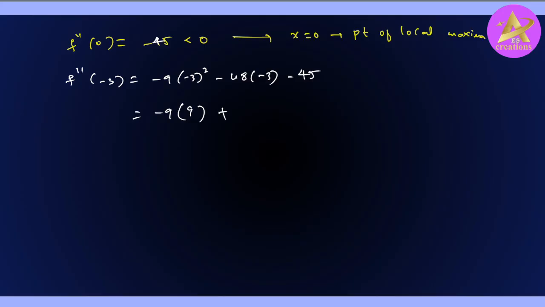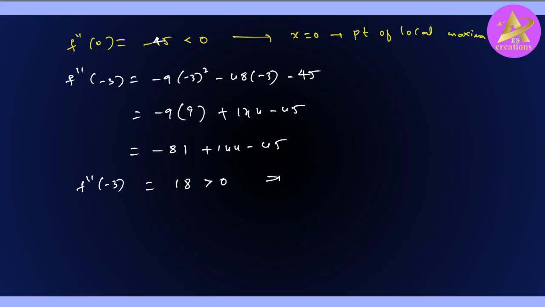Minus minus becomes plus, and we calculate 48 into 3, which is 144. So minus 81 plus 144 minus 45 gives 18. Let me check: minus 81 plus 144 minus 45, yes, 18 is correct, which is greater than 0.